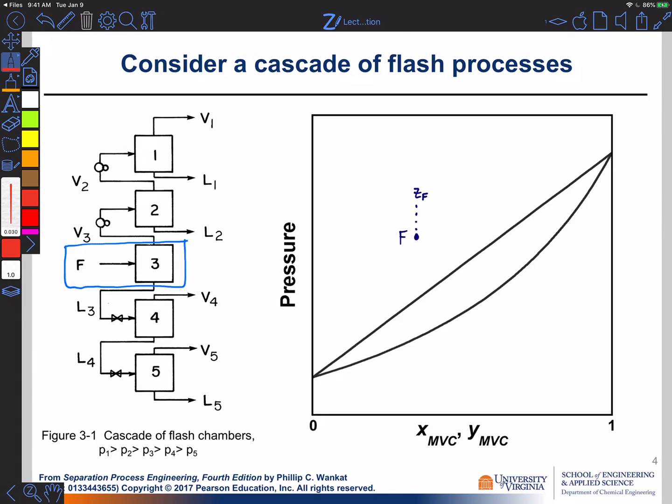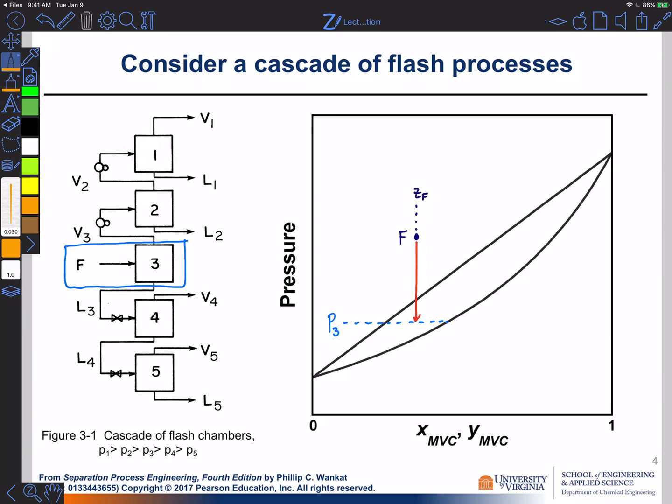And so we could take this feed and drop the pressure in stage 3 here, the box given by the 3 on the left. We drop down, and we'll just go ahead and call this pressure P3, because this is the pressure of flash drum number 3.